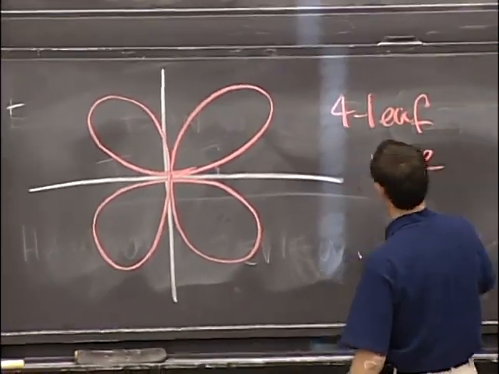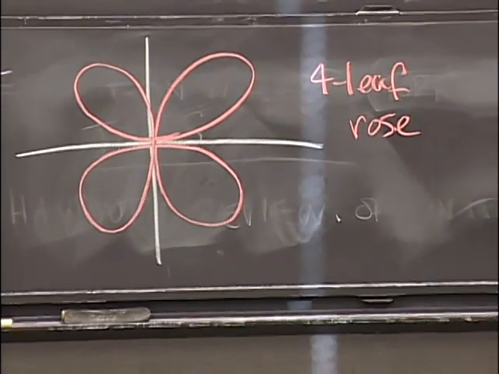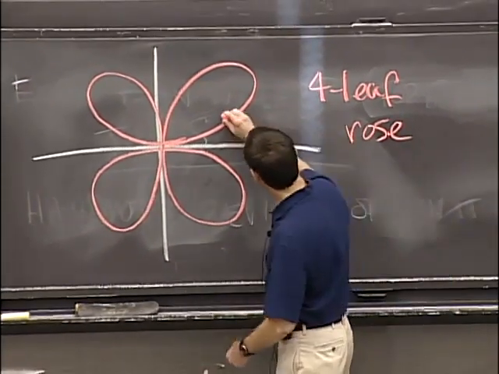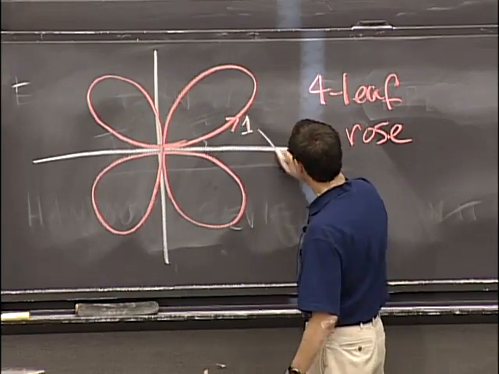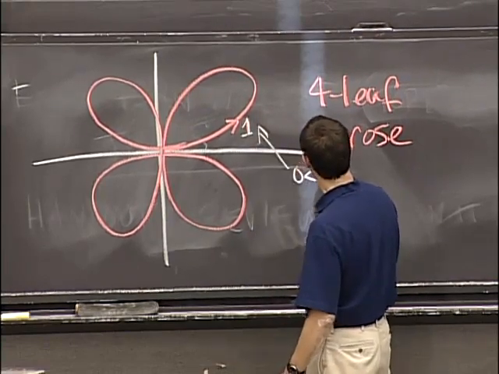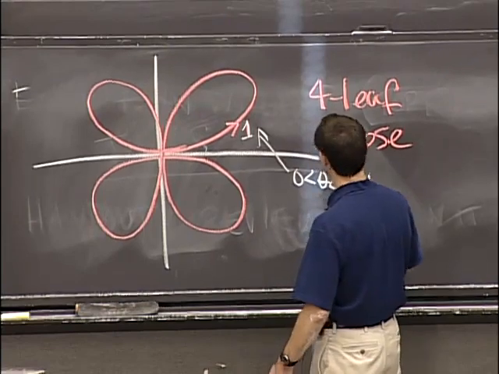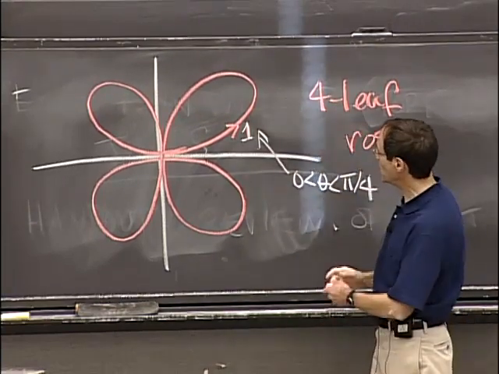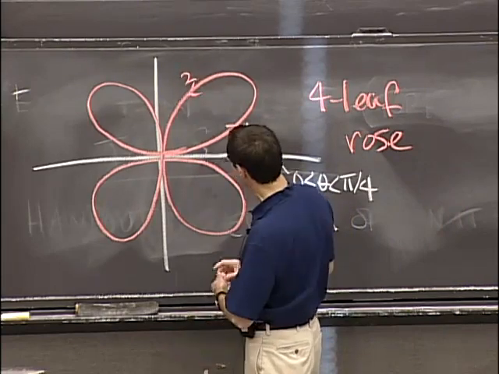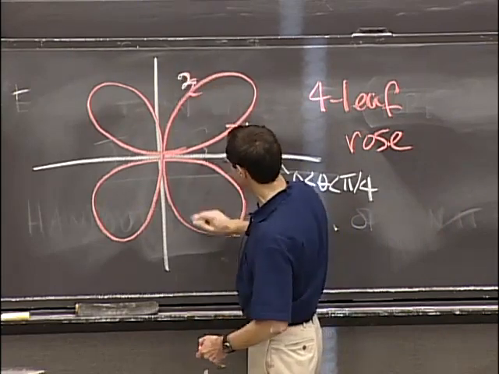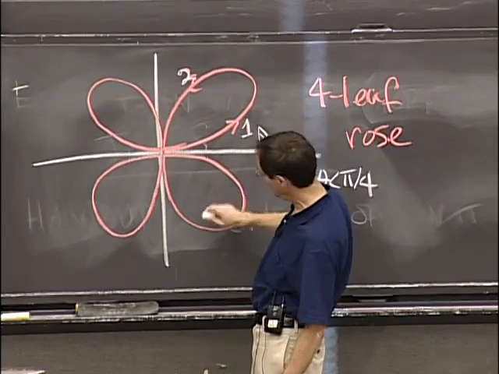I drew it in pink because it's kind of a rose here. All right? So it started out over here. This is step 1. And this is the range 0 less than theta less than pi over 4. It did this part here. And then it went to here. So I should draw these in white because they're harder to read in red.